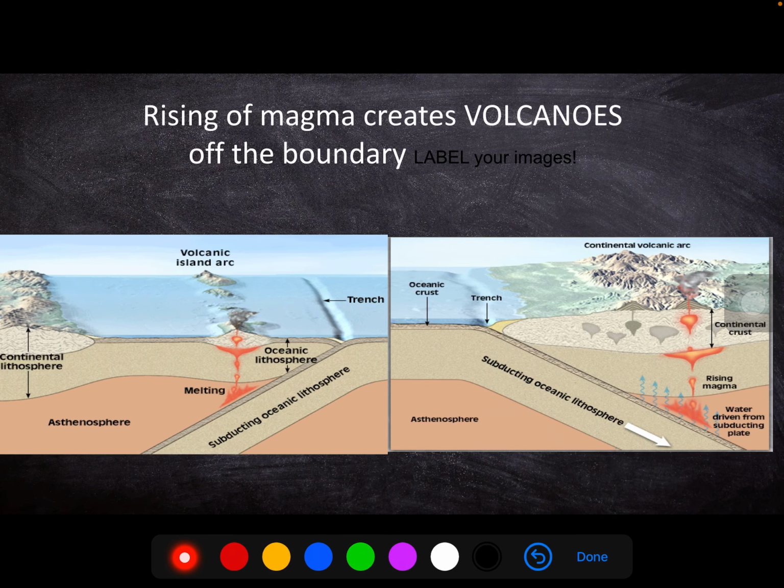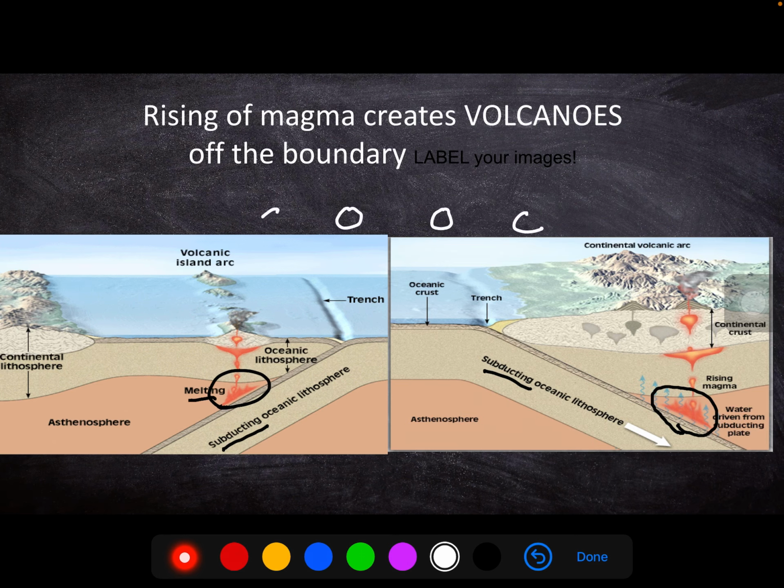So again, we should have a few things labeled. Got our subduction zone. Wherever the melting is happening, you've got something about melting or crust recycled, crust destroyed. Any of those work, matching your list there. And here, hopefully you can see our two types of volcanoes. This picture on the right is our ocean-continent boundary.